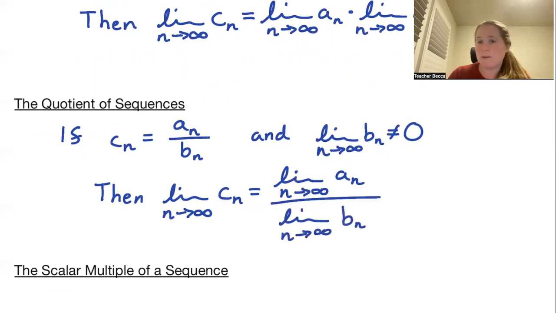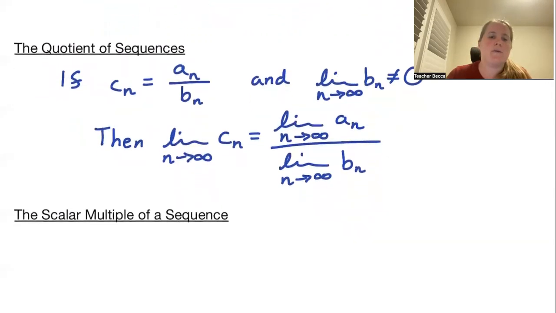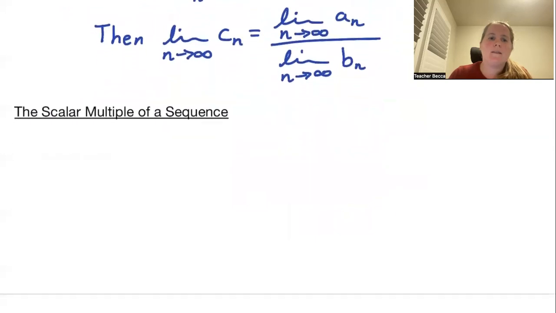So here again, we're just splitting the limit across quotients as long as they exist and the bottom limit is non-zero. This works.